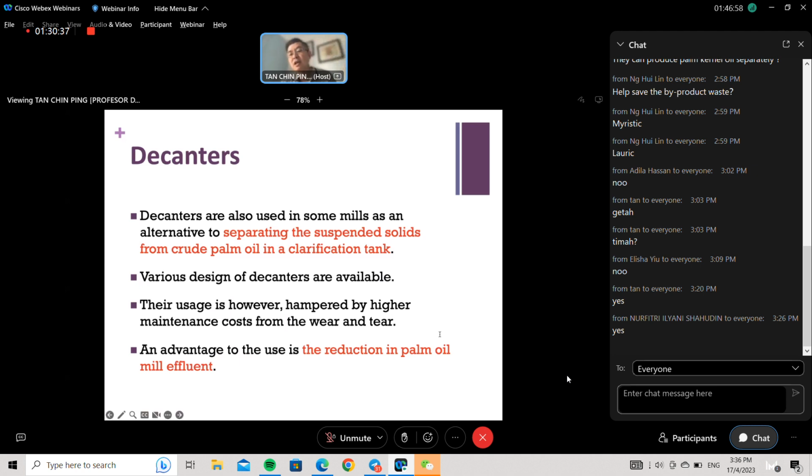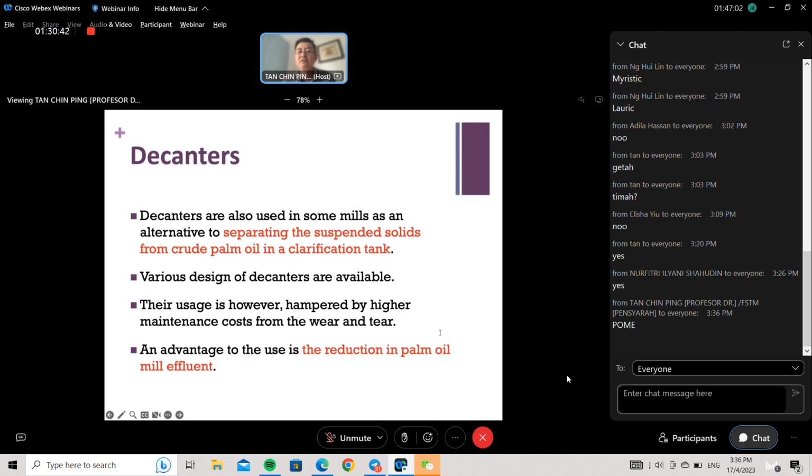I am sure you have never heard about this, but I typed the abbreviation form. If you work in the palm oil industry, especially in the mill, they may call it POME. If you Google POME, they are going to address it as palm oil mill effluent. So it is actually sludge.